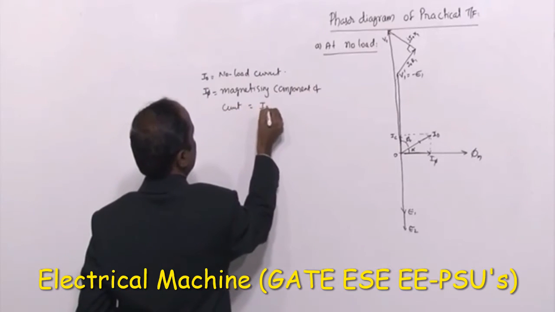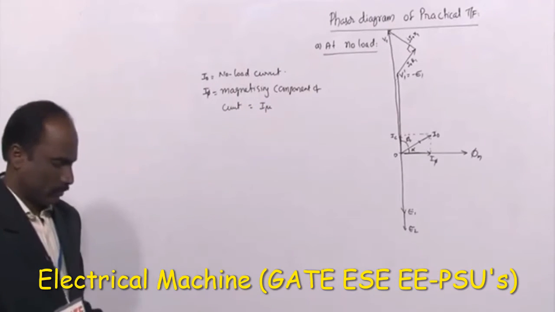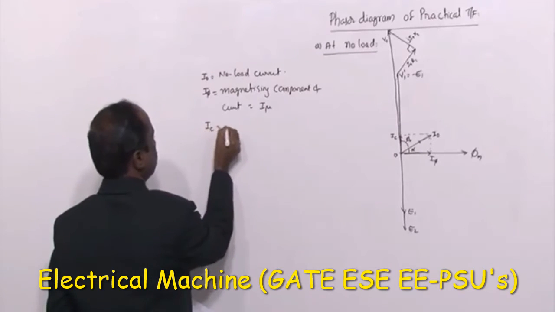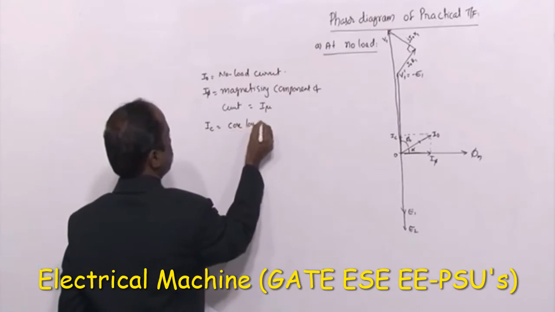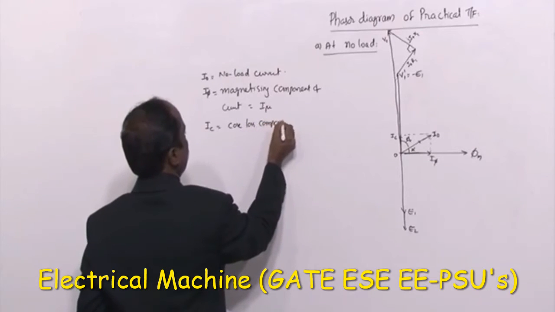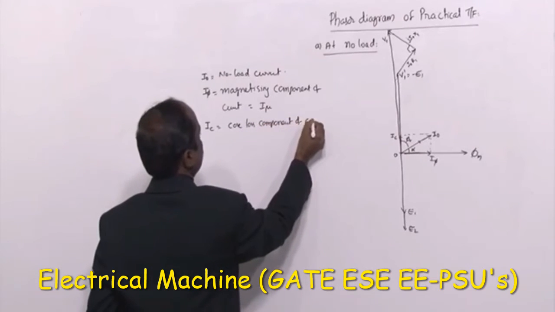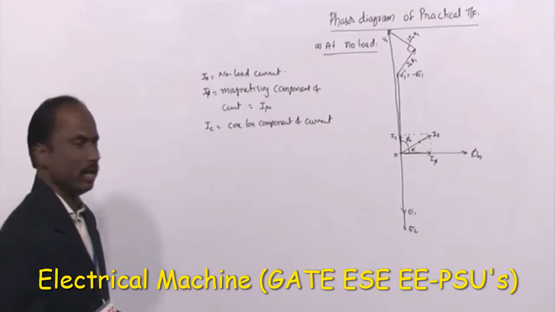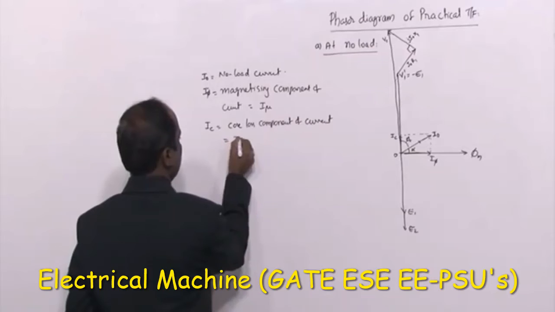This is also denoted with I mu. So this will provide the magnetic flux. IC is the core loss component of current. IC is called the core loss component of the current. Sometimes it is denoted with IW also.